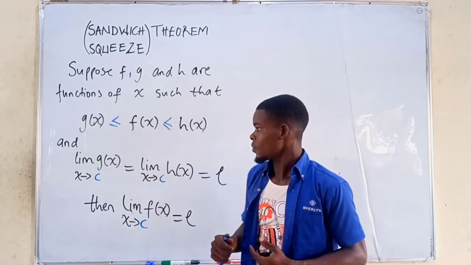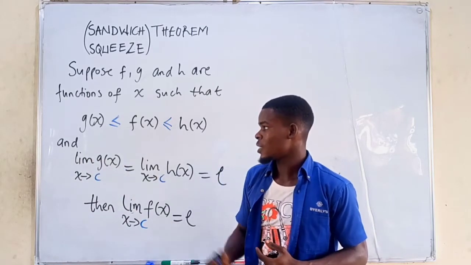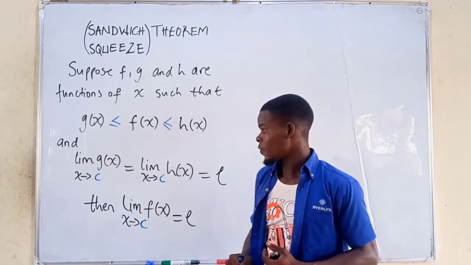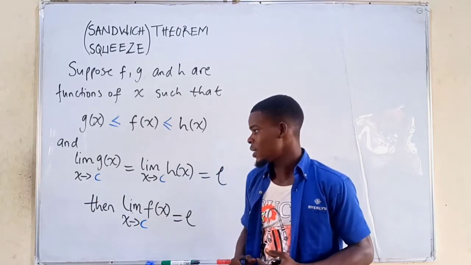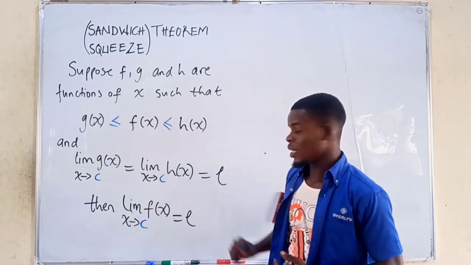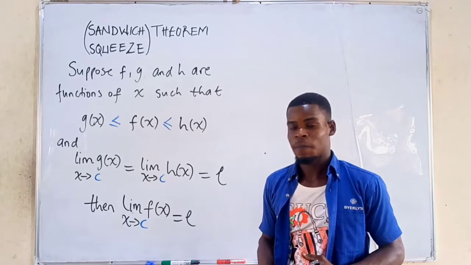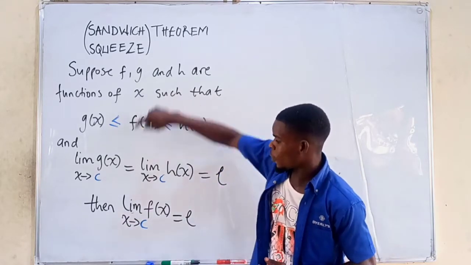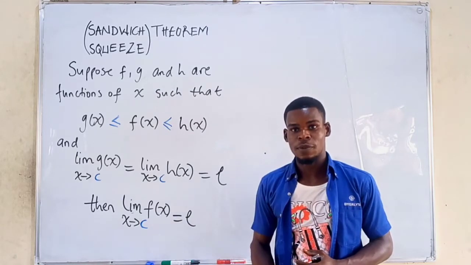And we have that the limit of g of x, the extreme left function, and the limit of the extreme right function h of x, as x approaches some value c, are the same and give us a real number L. Then the limit of the middle function as x approaches that same value c is going to give us that same result, which is L.